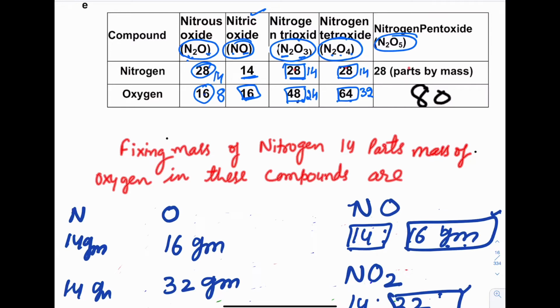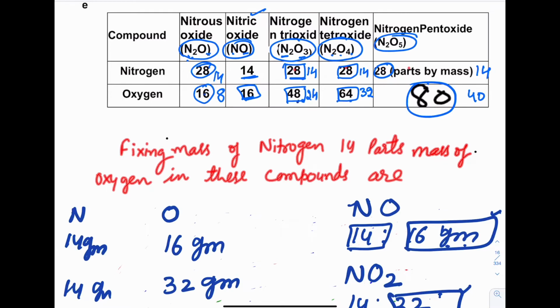If it is half, it will be half. Same in N2O5, 2 nitrogen 28, 5 oxygen 80. If we fix the mass of nitrogen at 14, then the mass of oxygen will be 40.